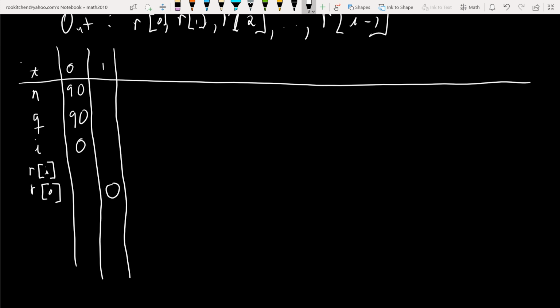Then q will be redefined to be q div 2, which is 45, and then i is incremented. Okay. q is not 0, so the or statement's true, so we go still into the while. We're going to now have an R1 being defined as q mod 2, which will be 1. And then we replace q with q div 2, which will be 22, and then increment your i.